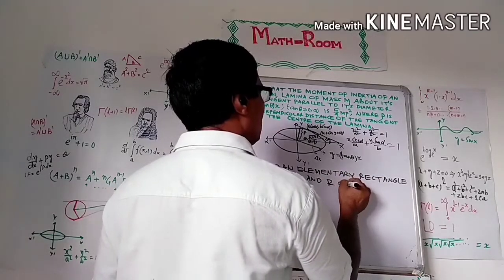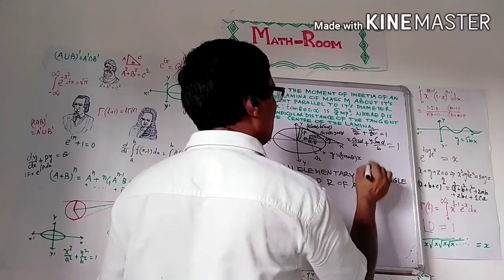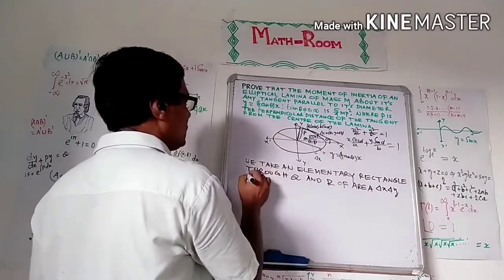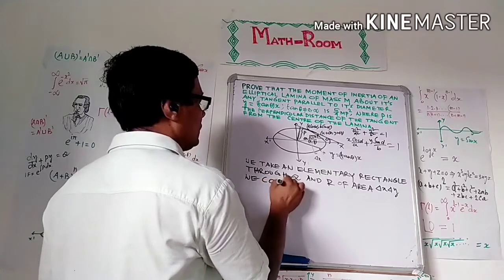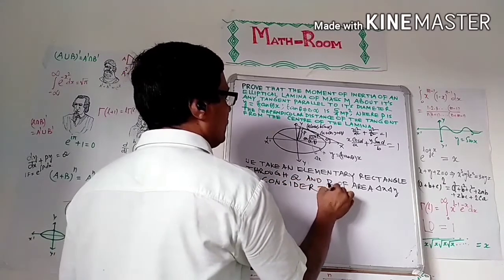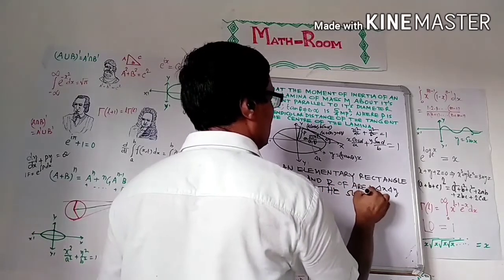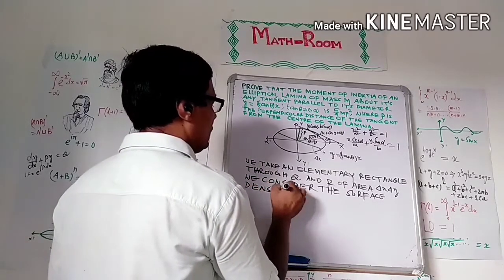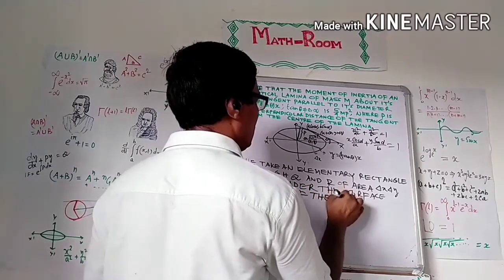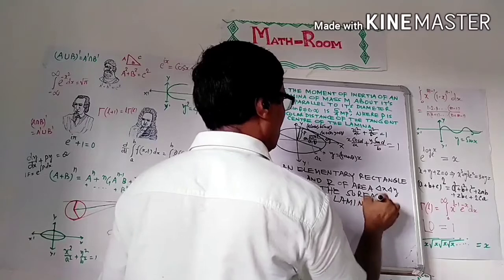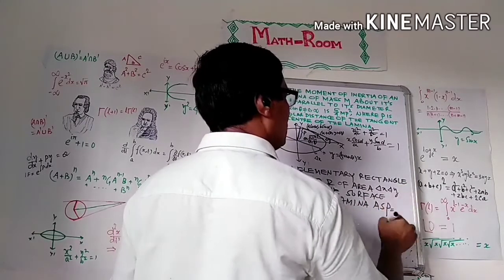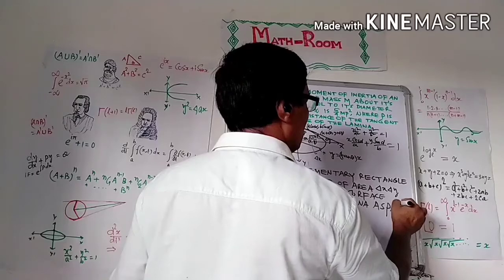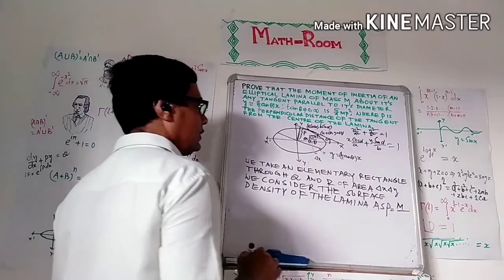We also consider the surface density of the lamina as rho equal to mass per unit area, that is, the total mass m over the area of the lamina.